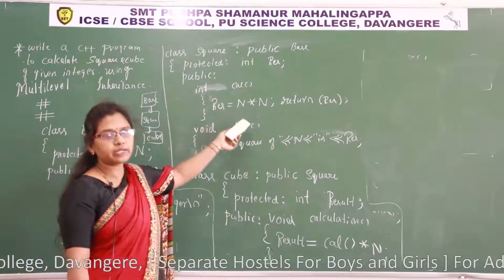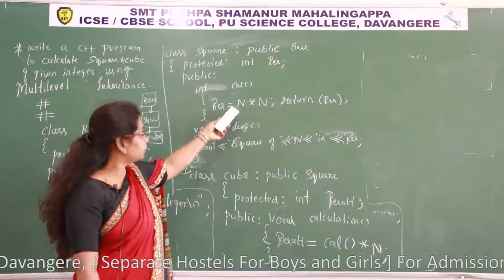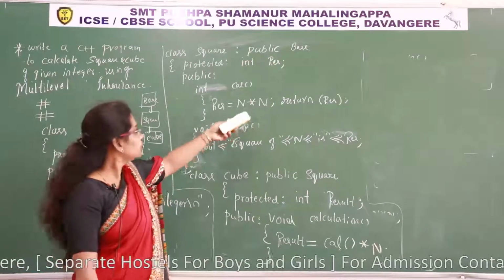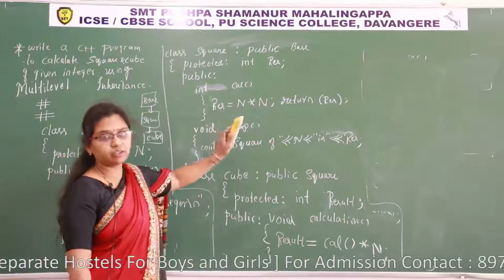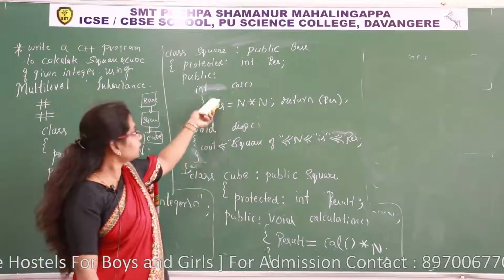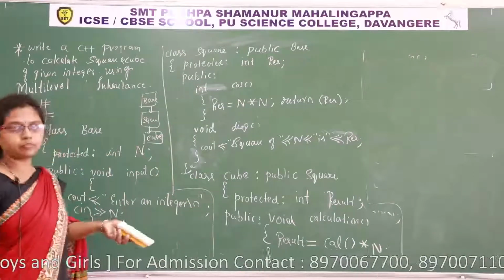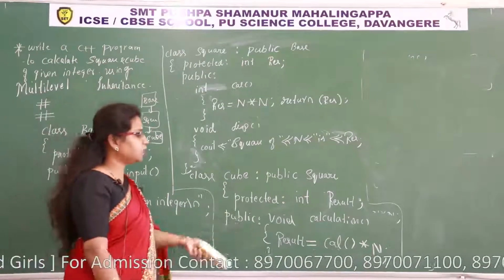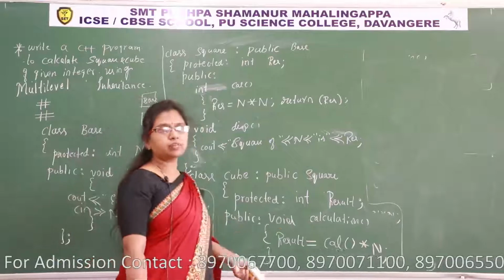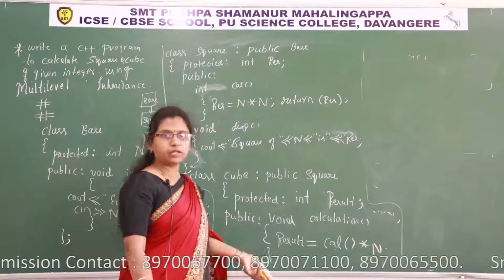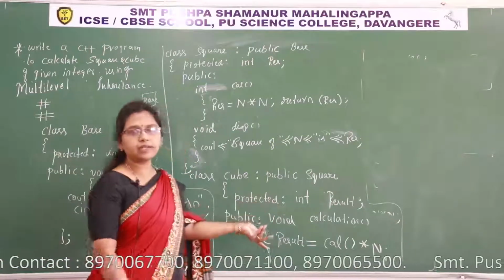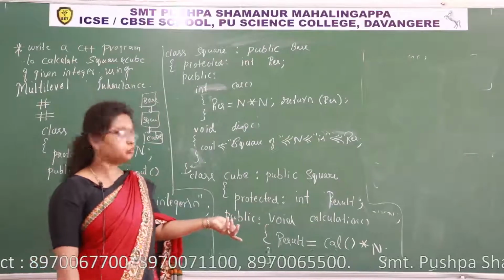Already we have calculated square of that integer in this function, cal function. Okay, so I can call cal function. So the cal function will give square of a number. To that result I can multiply one more n value so that we will get cube of a number. In this way you can implement, or you can directly write n into n.